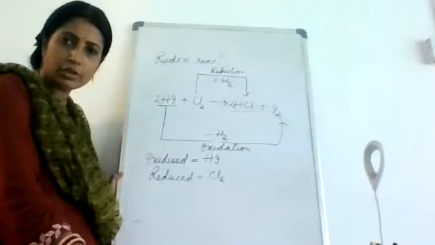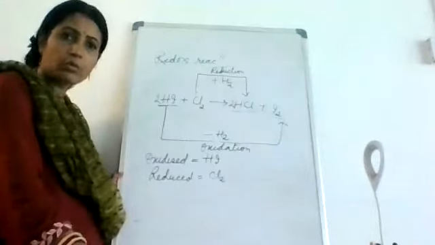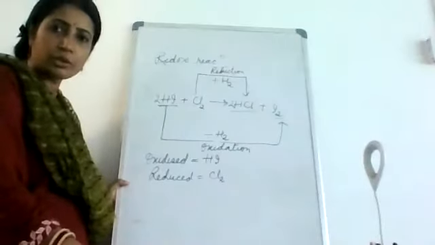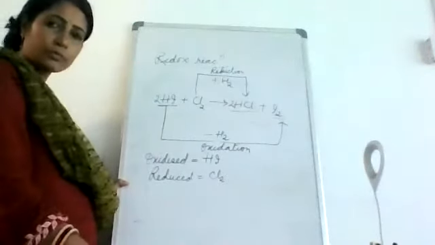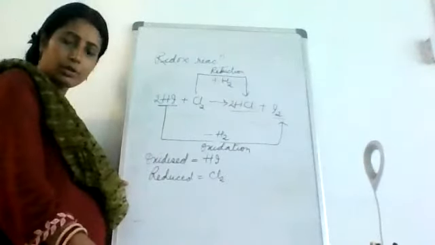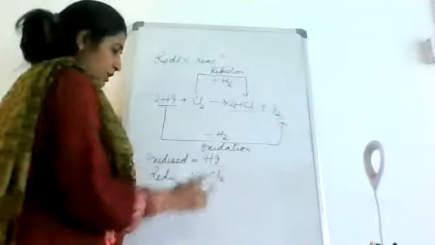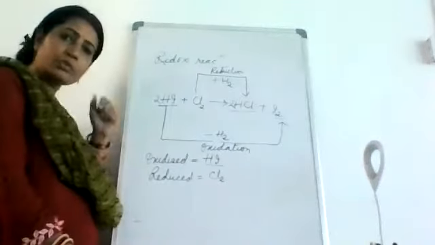Up to here, any question? Is there any question? Anyone? Now, which one is the oxidizing agent and which one is the reducing agent? Cl2 is oxidizing agent and HI is a reducing agent. Very good. Why HI is reducing agent?